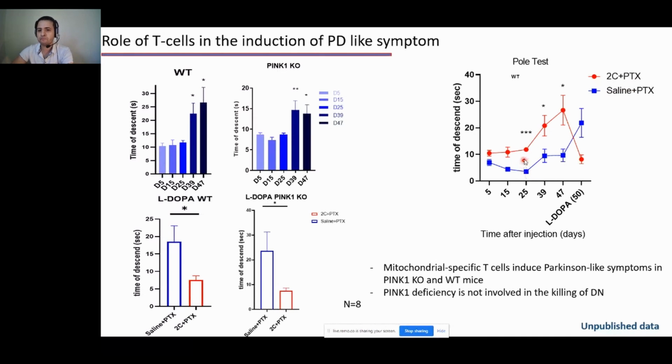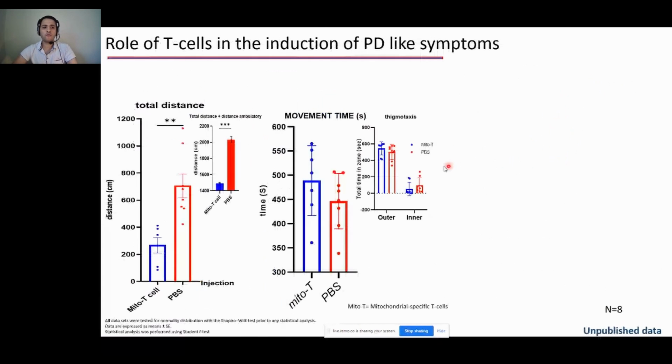Moreover, the actimetry assay validates the bull test result, where we can see a significant difference in the total distance traveled by mice injected with these CD8 positive OGDH-specific or mitochondrial-specific T cells rather than saline injection. That increases to a significant level when we add ambulatory distance together with the total distance traveled.